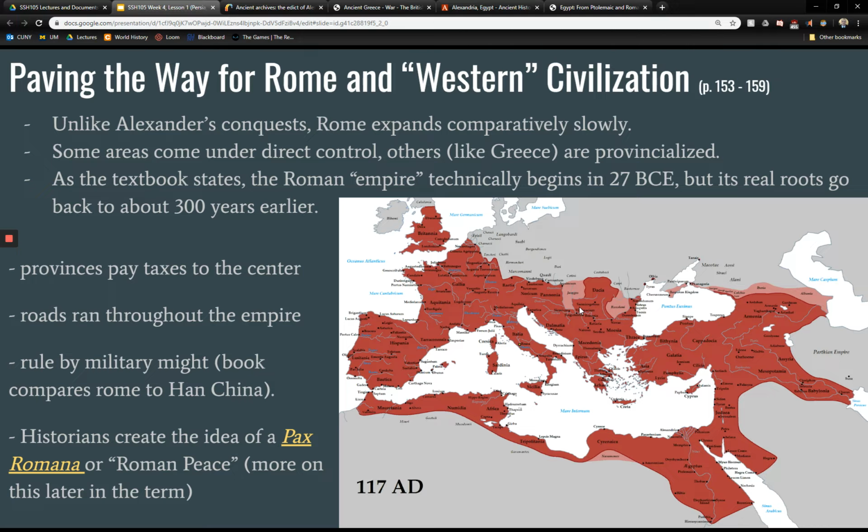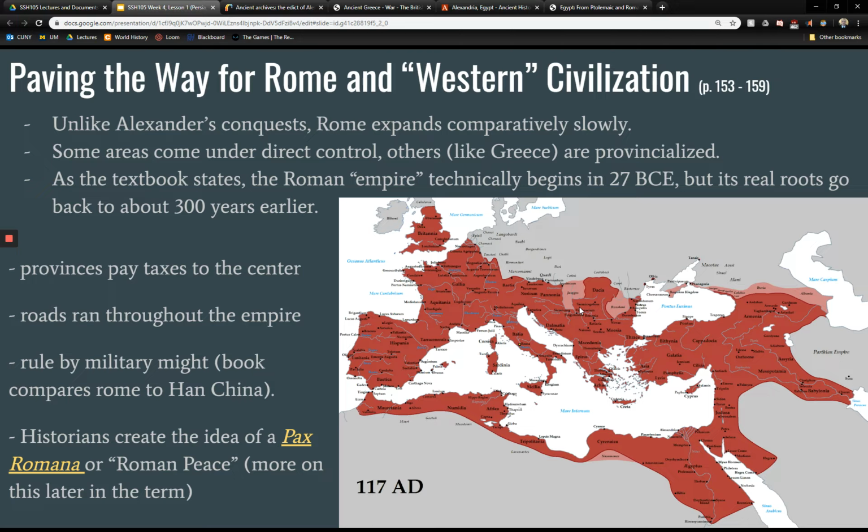Alexander himself, in his large empire, which fragments very quickly after his death, is maybe a bit of a roadmap for the larger empire that follows from Rome, or I shouldn't say larger because in terms of physical territory, I'm not sure which one is bigger, but they're about the same size. But Rome is more enduring and has a longer lasting impact on a larger chunk of land than Alexander's empire did.